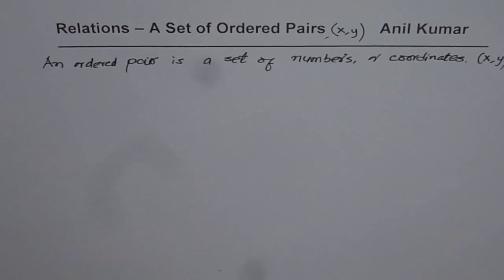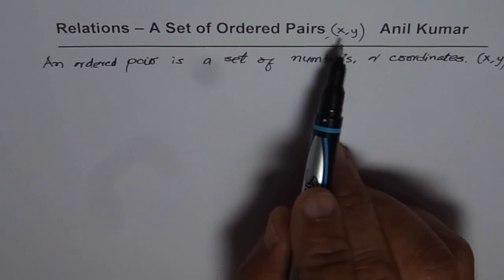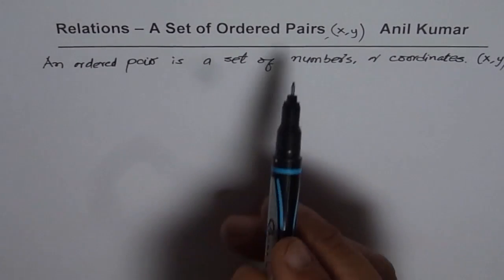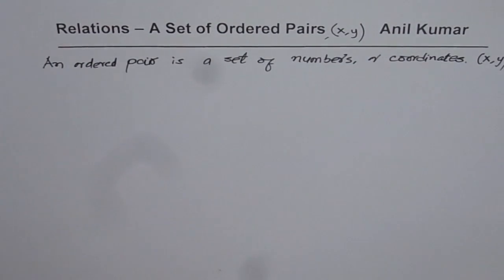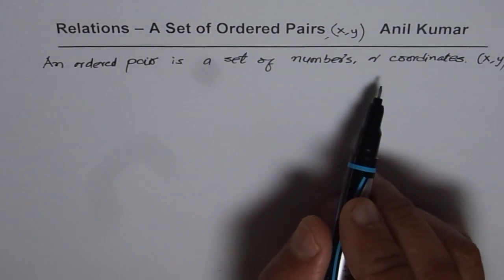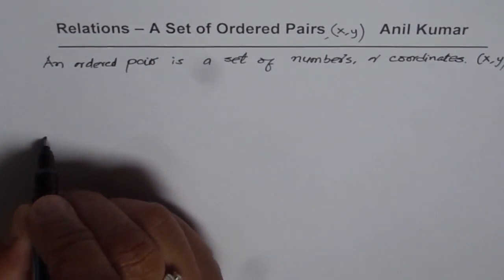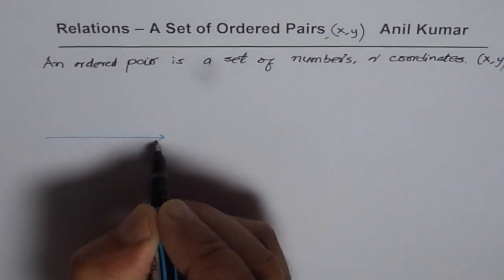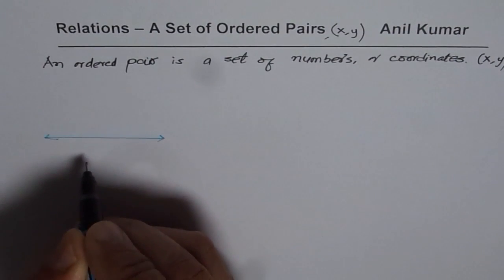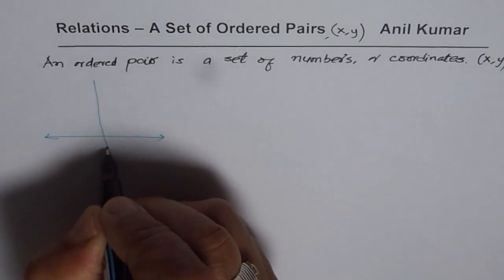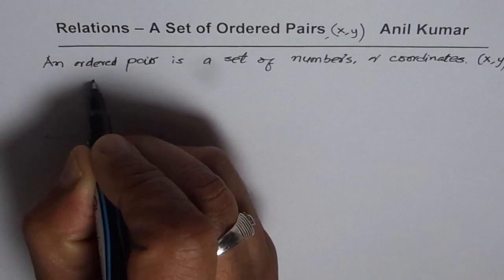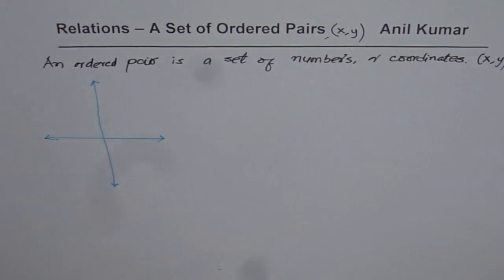So let us get back to the coordinate system and understand what a coordinate system is and how to represent these ordered pairs. And then we will see how they are related with our topic, which is relations. Now, a coordinate system has two number lines, one horizontal and the other vertical.